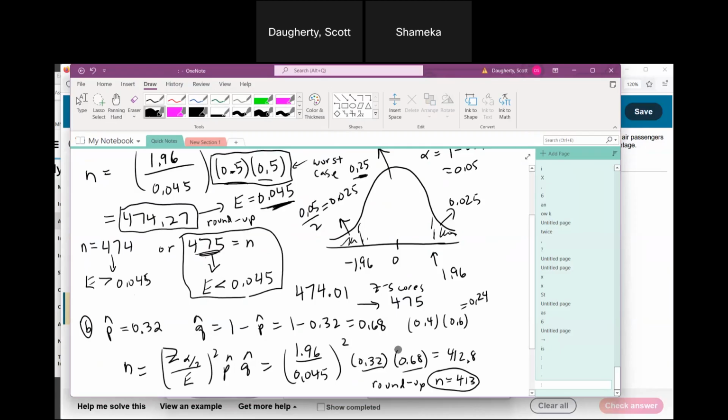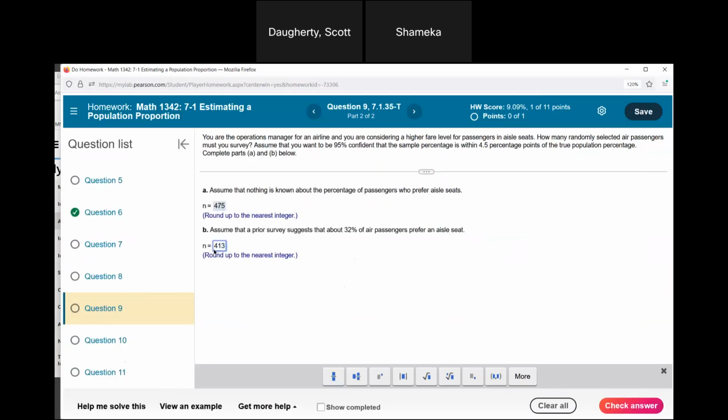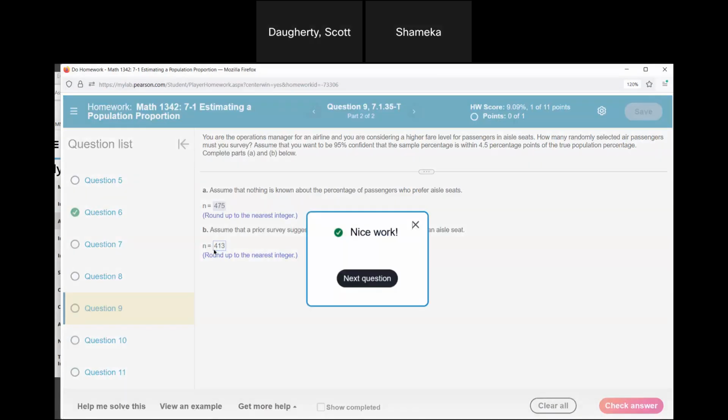So it saves you money, because you don't have to sample as many people. It's not a big amount, it's like 50 or 60 people, but nonetheless it does save you a little bit. Okay, so let's just see if that's right. 413. Yep.